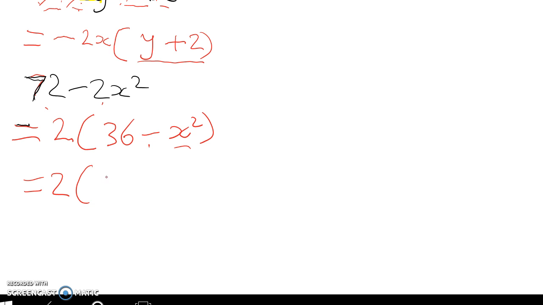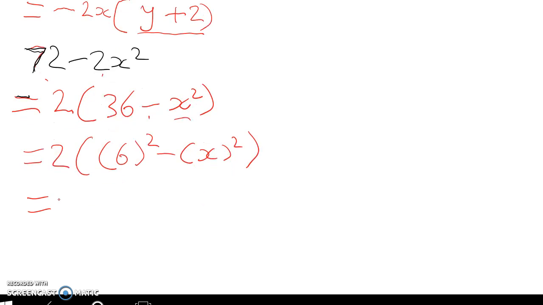So we have a 6 squared and an x squared. It doesn't matter that the x is in the second position. We're just always looking for that pattern. And the 2 is just staying out the front. So all I do is I place 6 in the first position, and then I have my x in the second position.